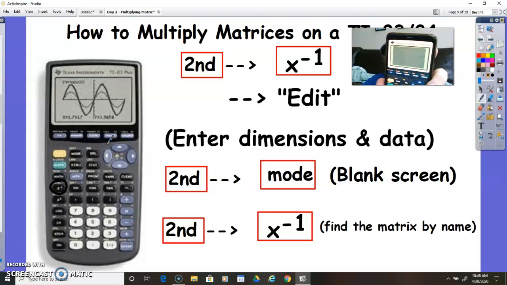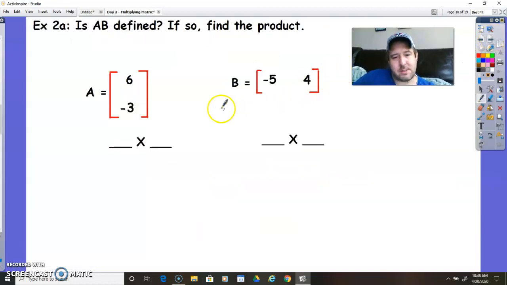Go to this just blank screen, and then you can type A times B. So we can go to matrix and then press enter on A. When you're on this screen, just press enter, and then you can write times and then do the other matrix, and then it will calculate it for you, and it will show you the answer to the question. Or it will say error if those two matrices cannot be multiplied.